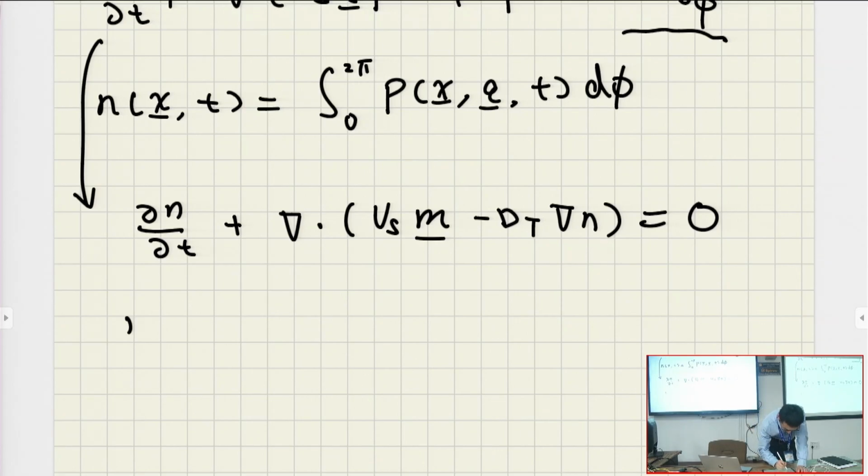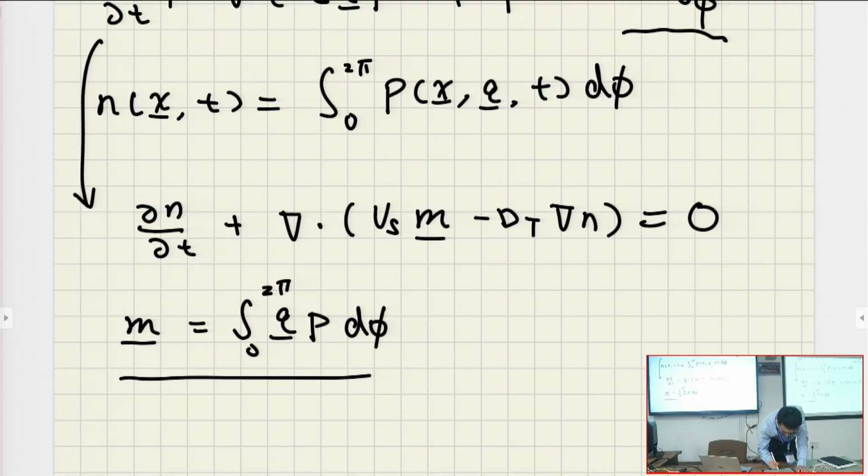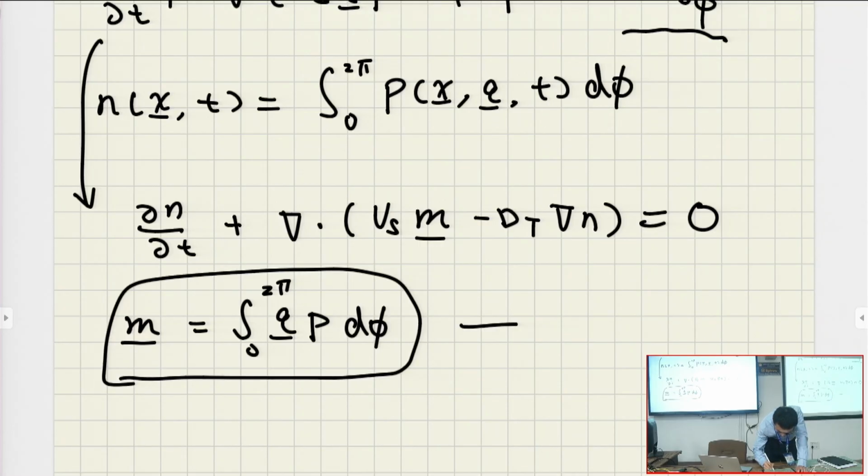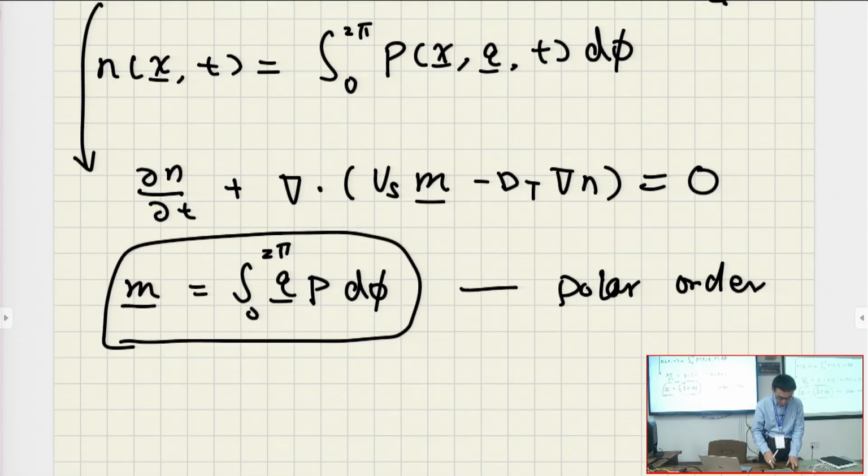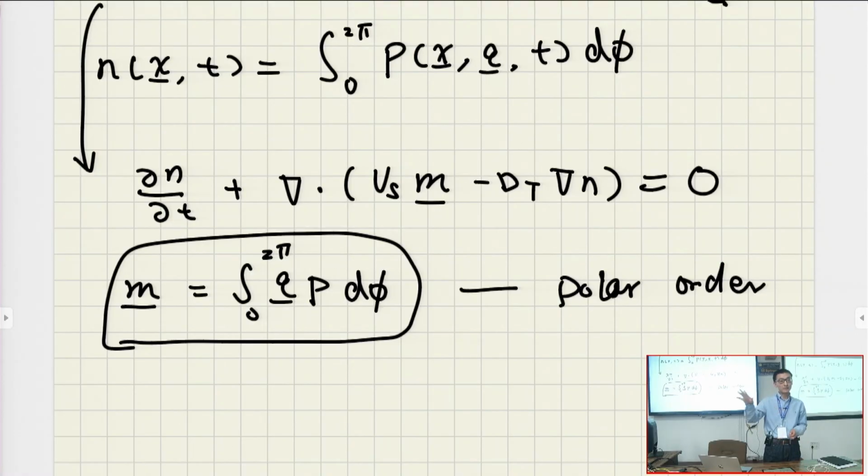That's called the polar order, which is the integral of Q P dQ, or in 2D, that's just phi. Okay, so that's a polar order, which gives us the net orientational order in the system. And if you multiply that by the speed, that's just how much particles are swimming on average.